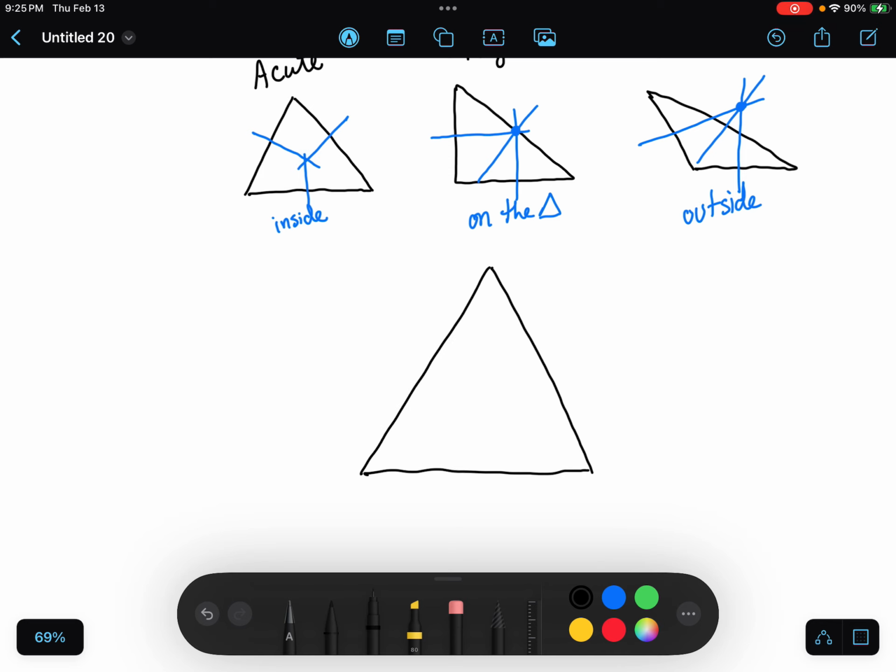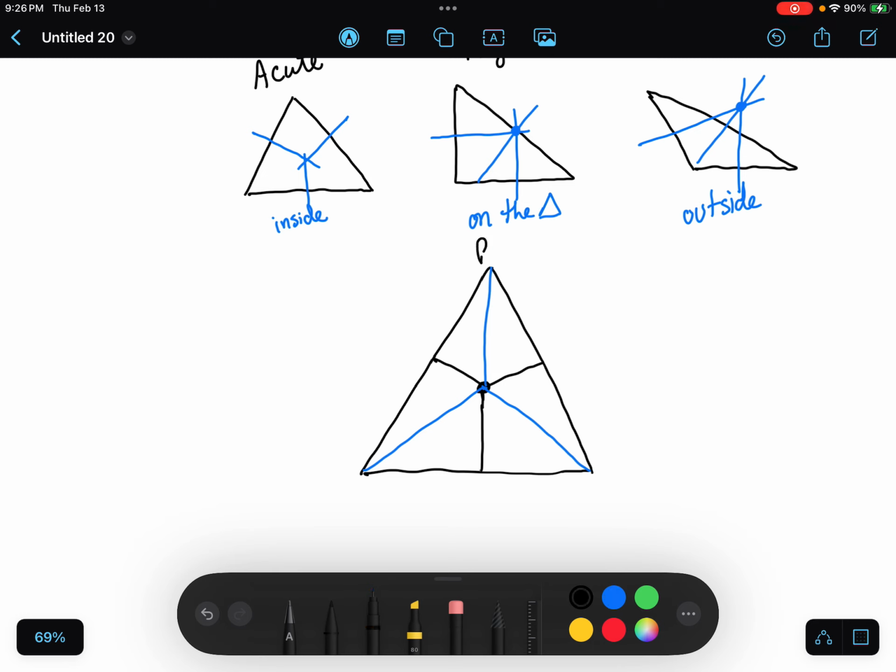Come in here. A perpendicular bisector there. One there. One there. So that's the circumcenter. Then if I make those lines go out to each of the corners, remember those are all the same.